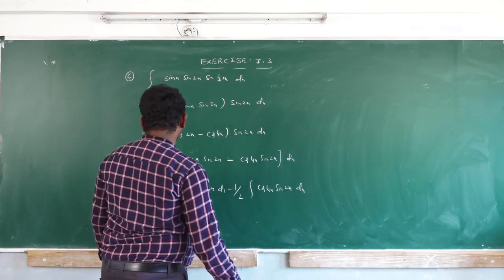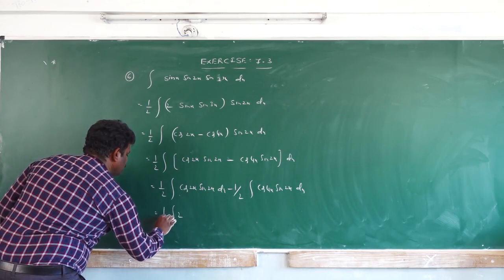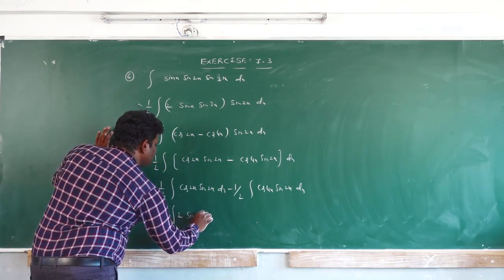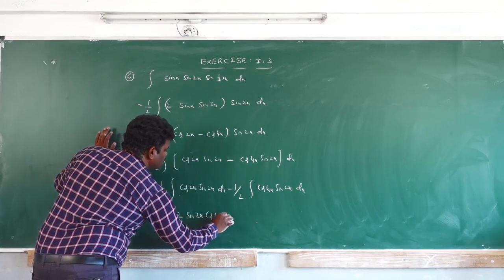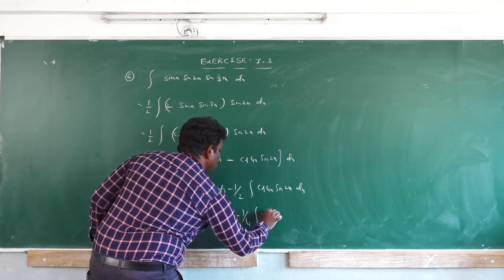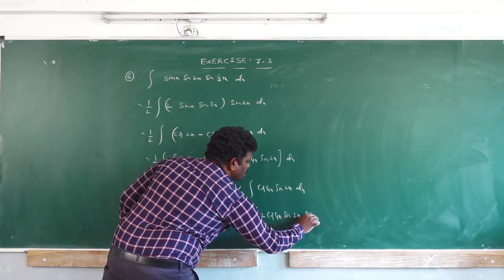Again we multiply and divide with 2. So 1 by 4 integral 2 sin 2x cos 2x dx minus 1 by 4 integral 2 cos 4x sin 2x dx.